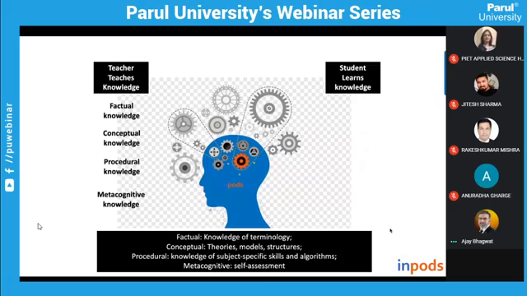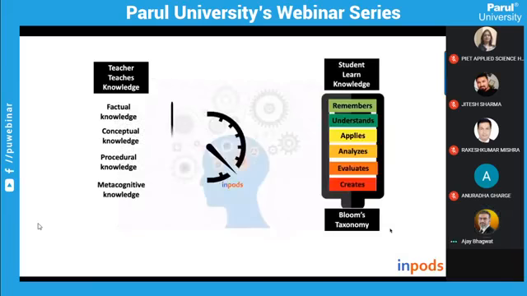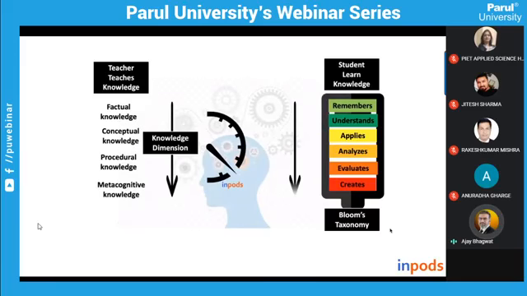So essentially we discussed this idea of knowledge dimensions, which covers factual, conceptual, procedural, and metacognitive knowledge, and the learning process, which is the cognitive process, also defined as Bloom's taxonomy, which is a commonly known term used for the cognitive process.